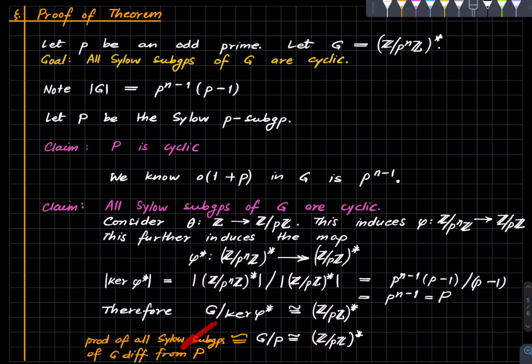Hence every Sylow subgroup which is different from P is cyclic. And we had already shown that P is cyclic. So all Sylow subgroups different from P are cyclic and P is cyclic, and therefore all Sylow subgroups of G are cyclic, and that's it. That proves that this is a cyclic group, and that's a beautiful, beautiful proof of a fairly difficult, I would say very difficult theorem.